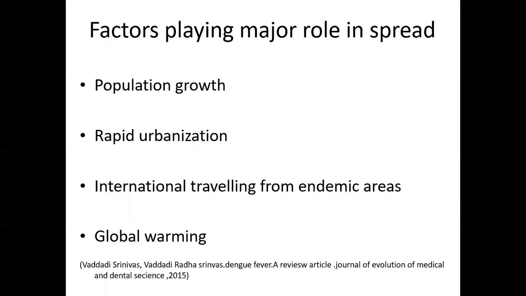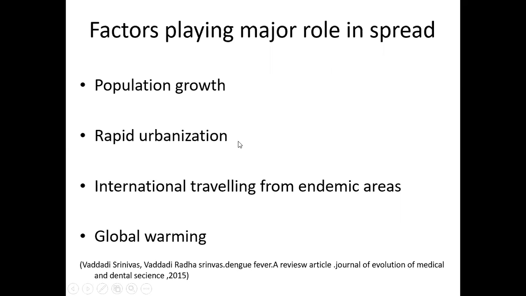The factors which play a major role in the spread of the dengue virus are overgrowth or more populated areas. So rapid population growth is one of the factors that plays a role in the spread of the dengue virus.